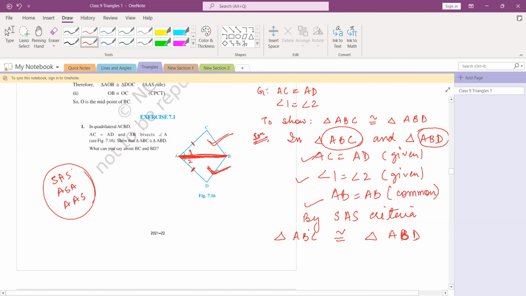It is ABD, ABC. So the triangles are congruent. We have to see in the question, what can you say about BC and BD? This is your side BC, and this is your side BD. If the triangles are congruent, I can write that by CPCT, corresponding parts of congruent triangles, BC is equal to BD. So these sides are also equal.